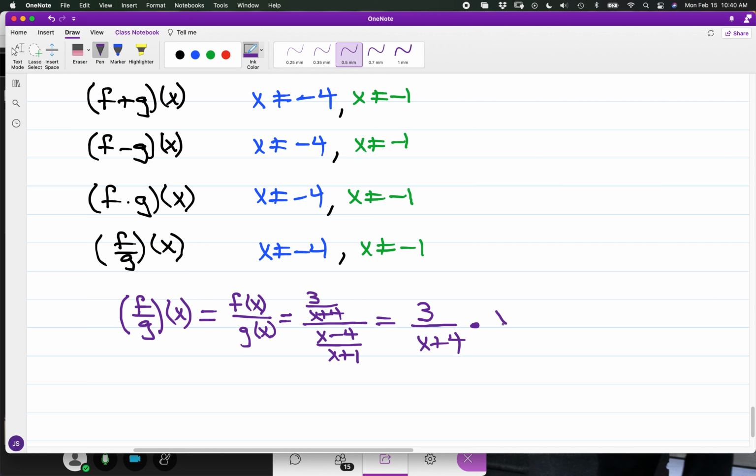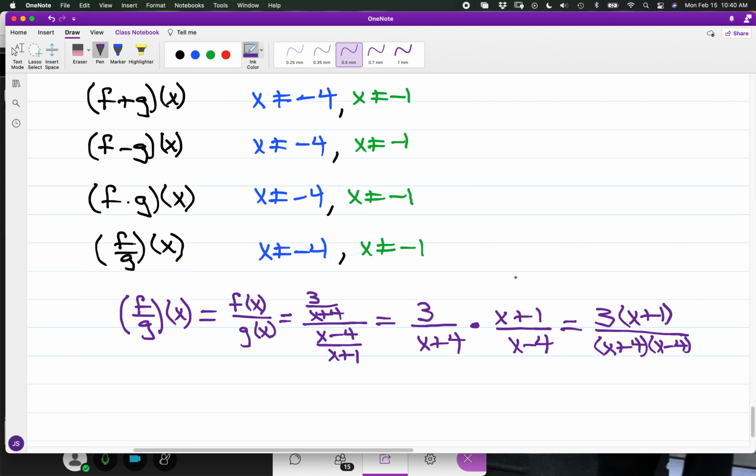So I'm going to flip this bottom ratio. Again, take the reciprocal, and for the result here, we have 3 times x plus 1, over x plus 4 times the quantity x minus 4.